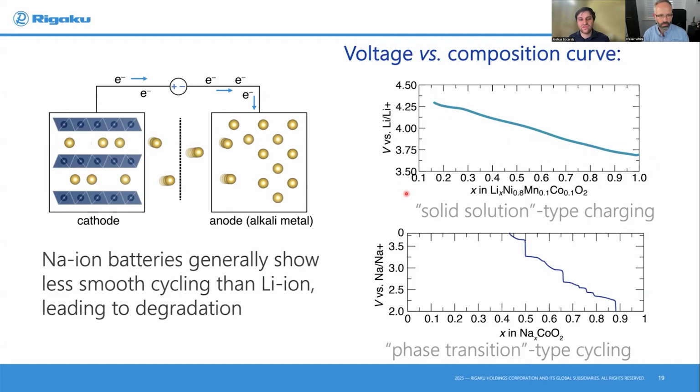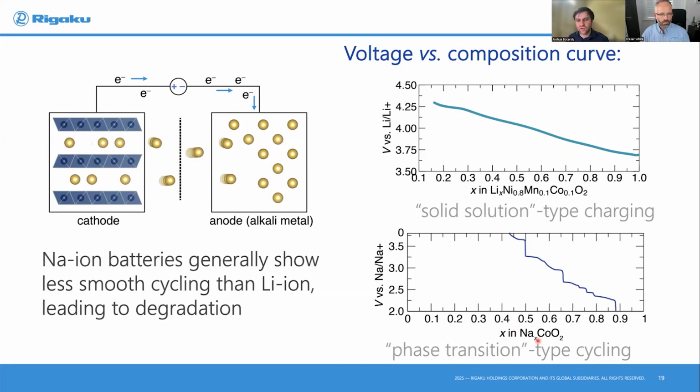And that is a signature thermodynamically of what's called solid solution type charging, which means that the cathode goes through a solid solution with random lithium on the lithium site as it charges, where you just remove lithium randomly and you stay basically in the same phase. There may be some changes in lattice parameter. There probably will be. There'll be strains, but there are no obvious phase transitions in a plot like this.